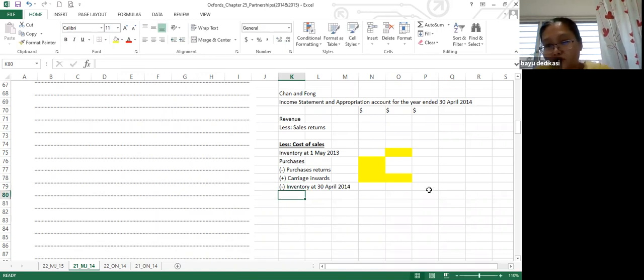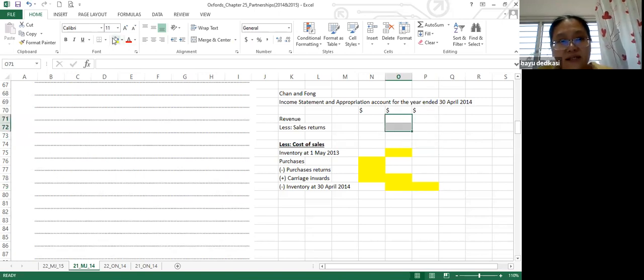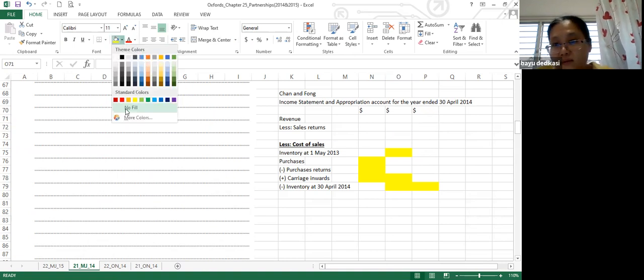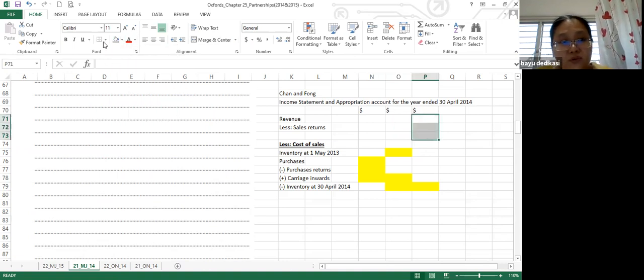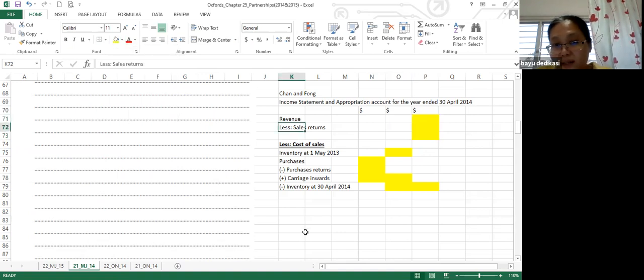Put into here. Then you will get your cost of sales. Okay, so if you want to put this into here, that is fine. The final amount put into here is also fine. If you want to put it here, also fine. Then this one straight away put into here. If you want to put all in here, also can, but take note whether it's a plus or minus.